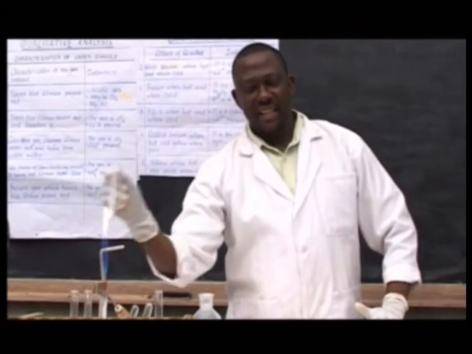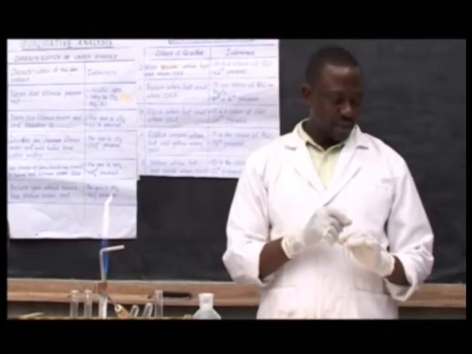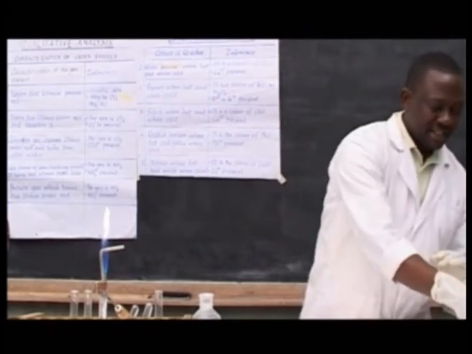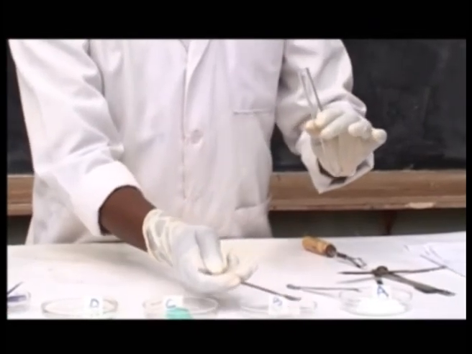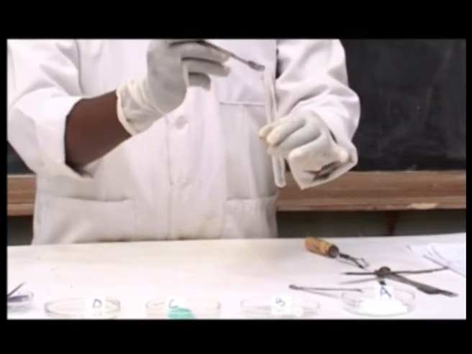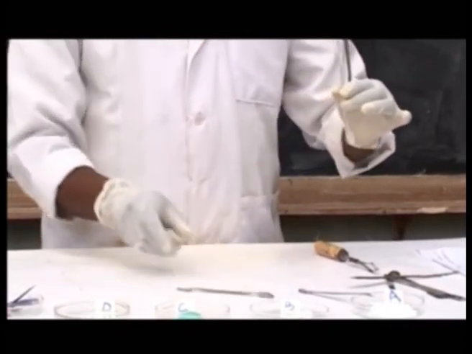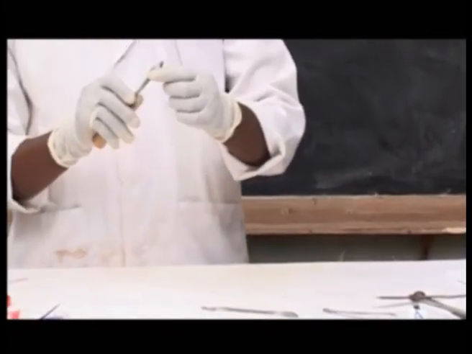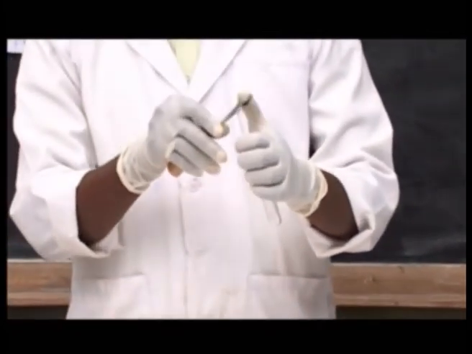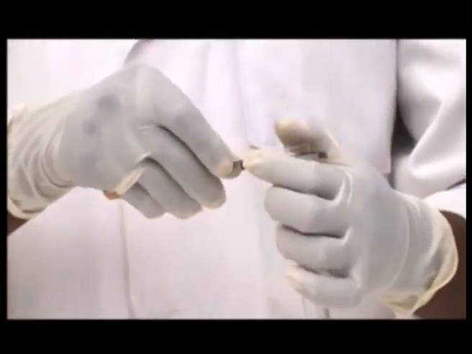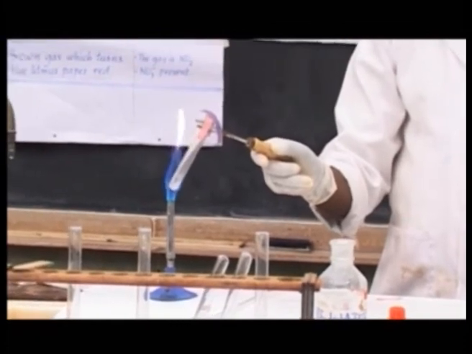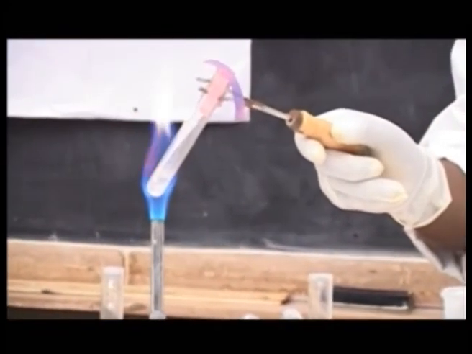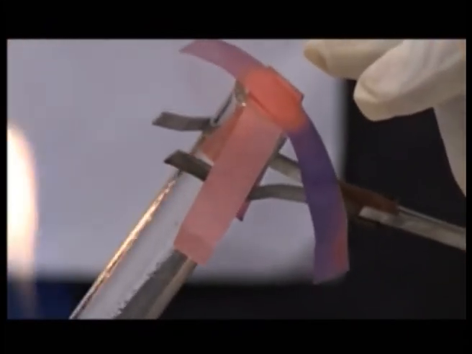Take another clean and dry test tube, and by using a clean and dry spatula, take a small amount of sample B and put it into the test tube. Hold the test tube by using the test tube holder. Heat the sample gently while observing the litmus papers. Blue litmus paper changes into red.